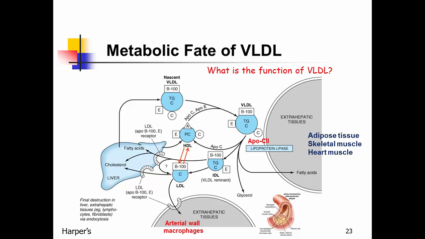One is from the chylomicron remnant, initially from the diet, and the second is de novo lipogenesis, the conversion of dietary carbohydrate to fat. And lastly, the fatty acids can also come from the triglyceride breakdown in the fat tissue during the fasting condition. So eventually VLDL is synthesized in the liver under different physiologic conditions.